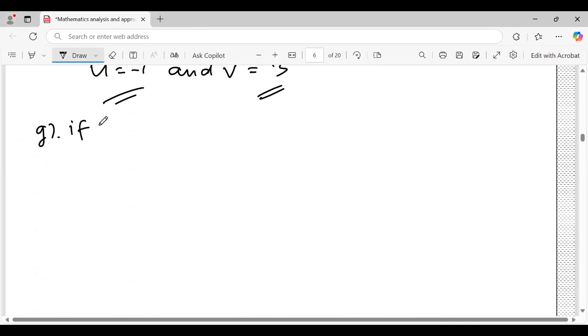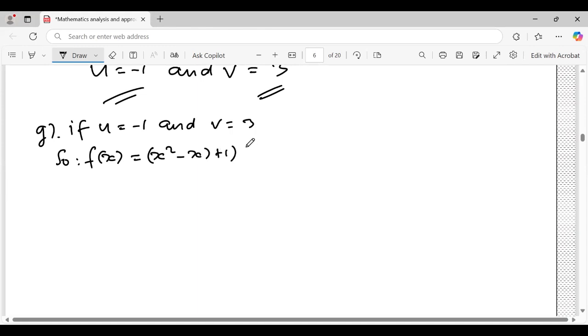If u equals minus 1 and v equals 3, so f(x) equals (x squared minus x plus 1) times (x squared plus 3x plus 1), because this is ux, this is vx.